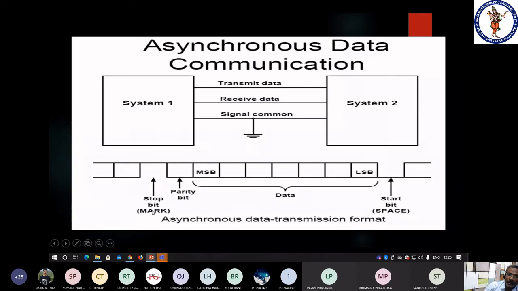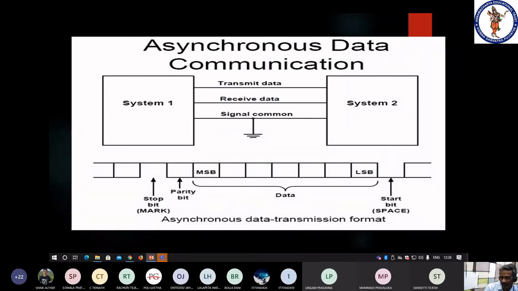So for every 8 bits, we add 2 extra bits. If there are 100 characters, 100 into 2 means 200 additional bits we have to add. So that is about asynchronous data communication. For every byte, 2 bits are appended: the start bit and the stop bit.